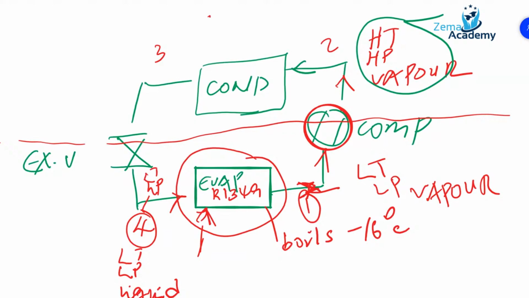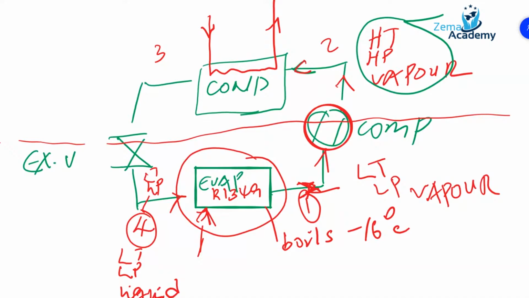Here you will have a secondary circuit to remove the heat from the condenser. We will look at whether you're using air or water to remove the heat, and that's how a condenser is classified: either an air-cooled or a water-cooled condenser.